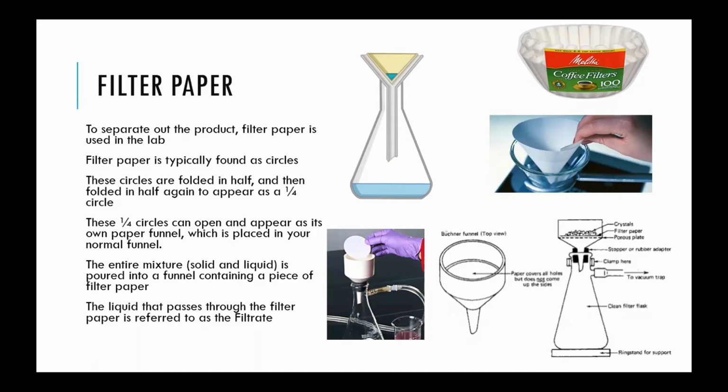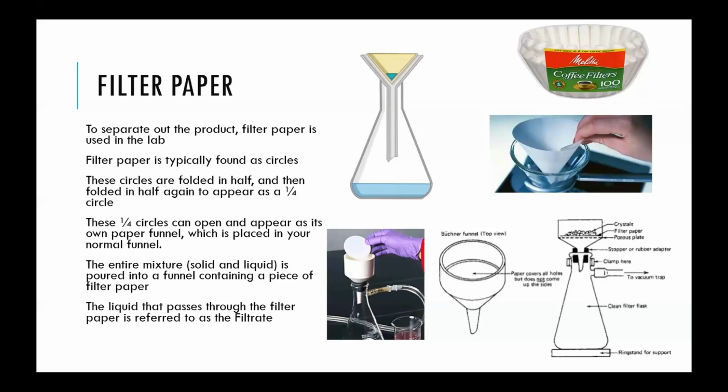This way you can filter a larger amount of solution faster, but you do have to keep in mind that the filter paper can get a little clogged up, so you might need to filter it a couple of times through different levels of filter paper.